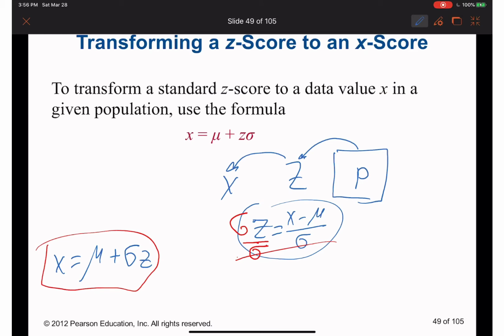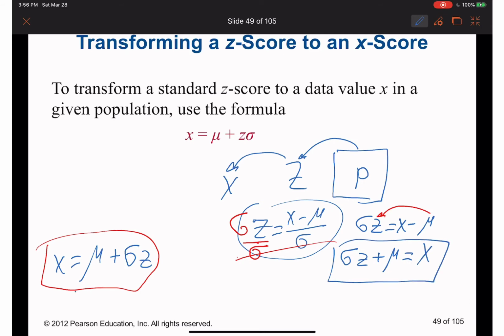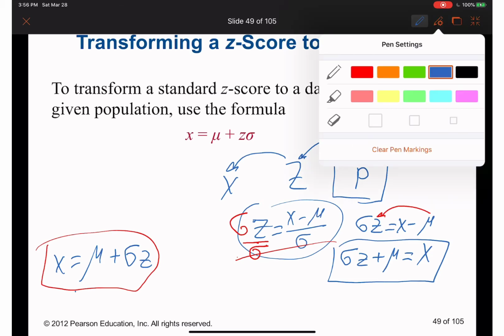From here I will have sigma z is equal to x minus mu. To find x, I have to take this mu and move it over, right? As a result, I will get sigma z plus mu is equal to x. And that's exactly the formula you have here.